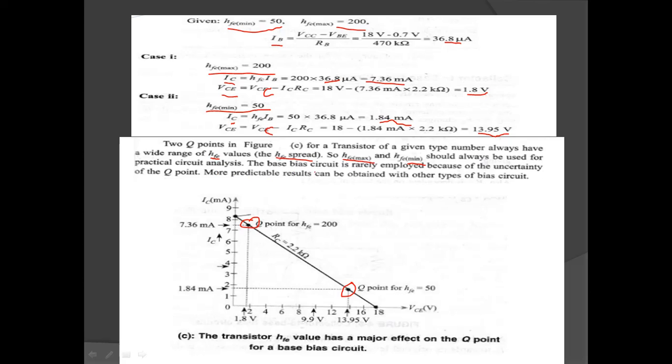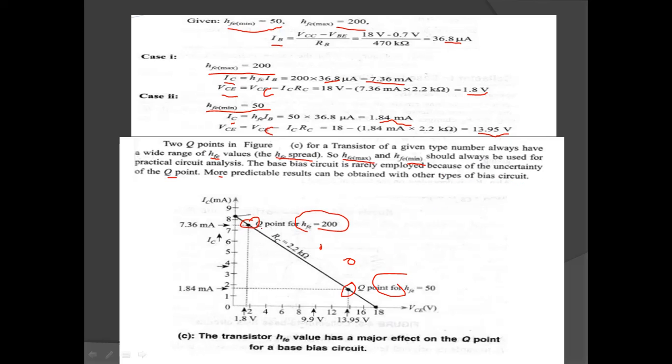The base bias circuit is rarely employed because of the uncertainty of the Q point. The Q point either can be here or it can be here, or in any two other points. Because of the uncertainty of this Q point, more predictable results can be obtained with other types of bias circuit.